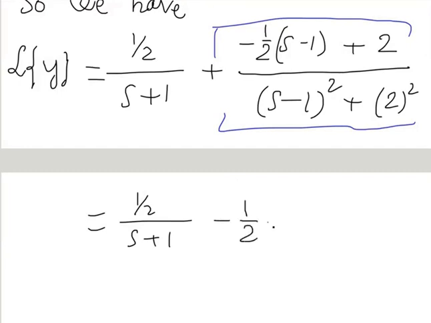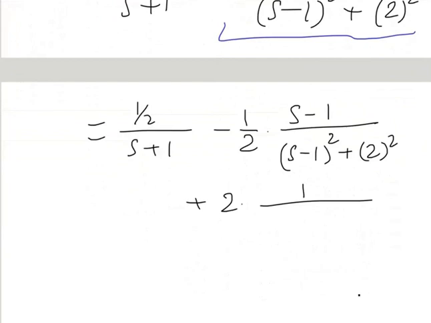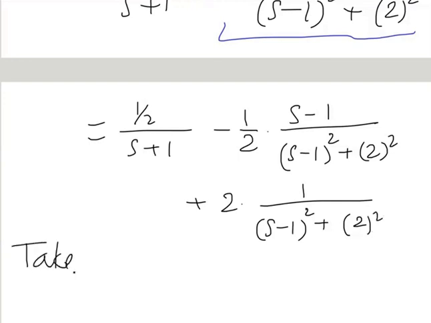Minus a half times s minus 1 over s minus 1 squared plus 2 squared. Then plus 2 divided by s minus 1 squared plus 2 squared. We'll take the inverse Laplace transform.